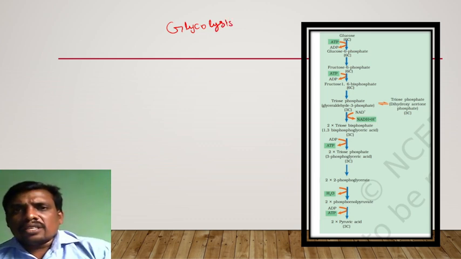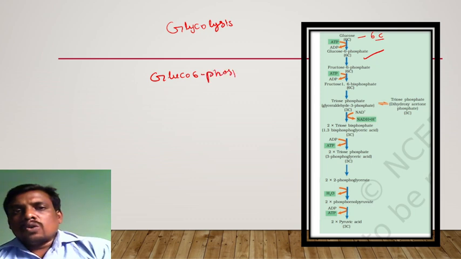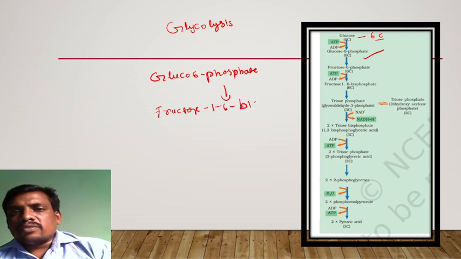Now you can see here ATP is being utilized. Glucose, being a 6-carbon compound, will be broken down into glucose 6-phosphate, and here a little amount of energy is utilized. And the glucose 6-phosphate that is formed will be broken down into fructose 1,6-bisphosphate.